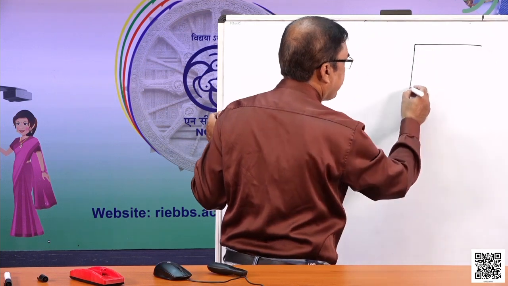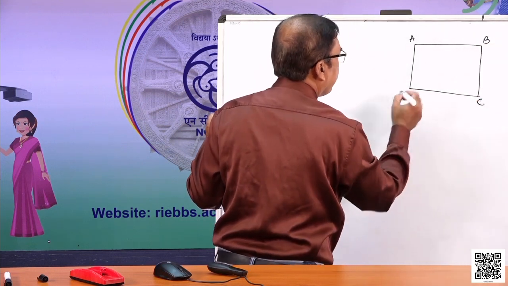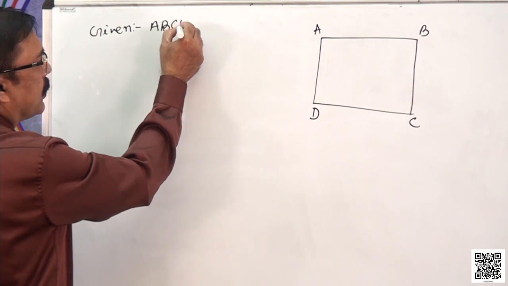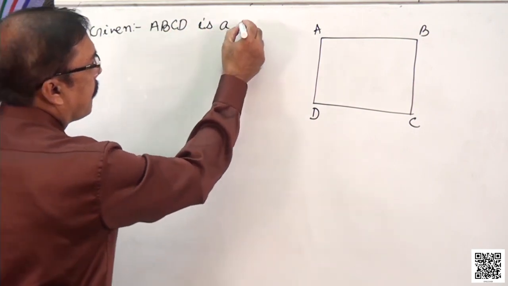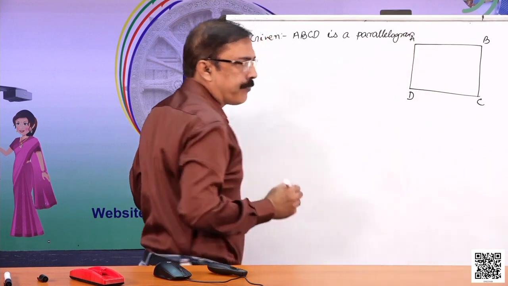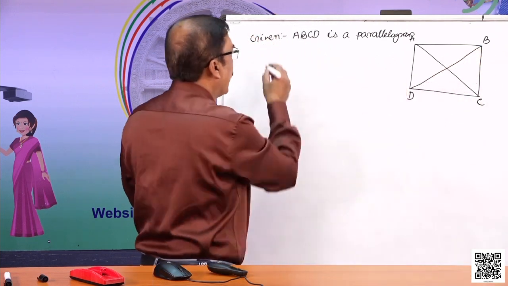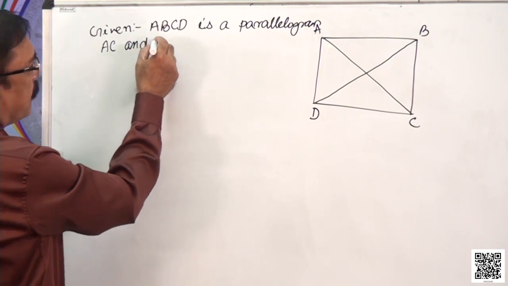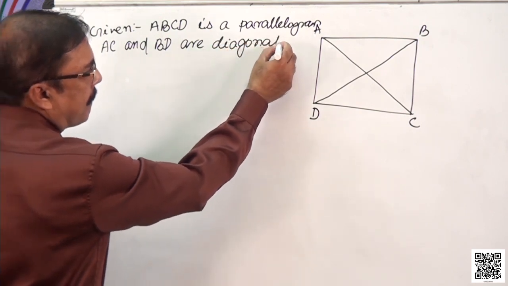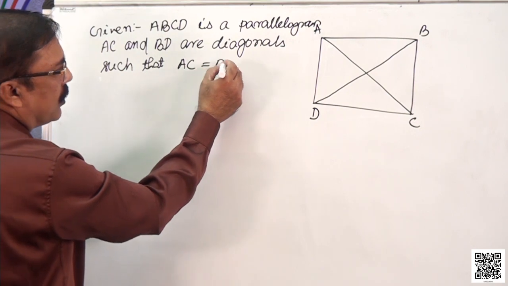This is a parallelogram ABCD. So, given ABCD is a parallelogram, and AC and BD are diagonals such that AC is equal to BD.